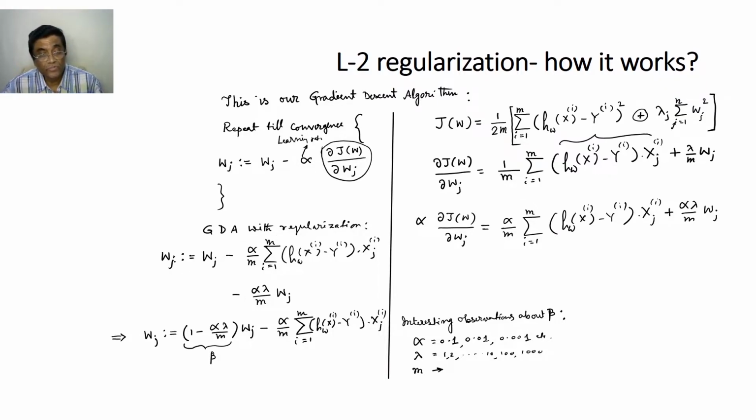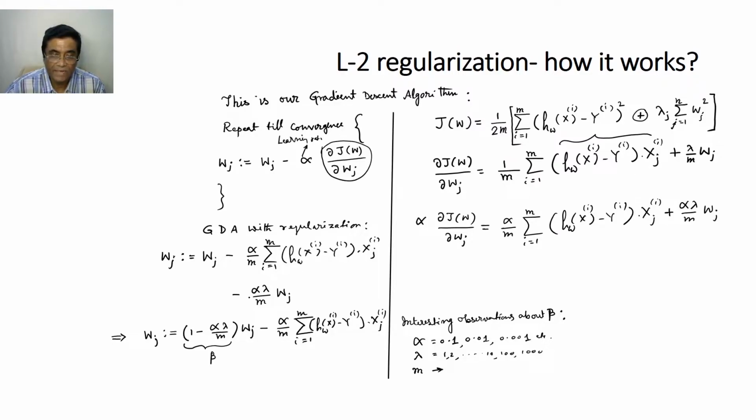So this is wj assigned earlier wj minus alpha divided by m, summation of i equals 1 to m, number of samples, of predicted value minus actual value times xj. Here x is a feature. Minus alpha times lambda divided by m times wj.